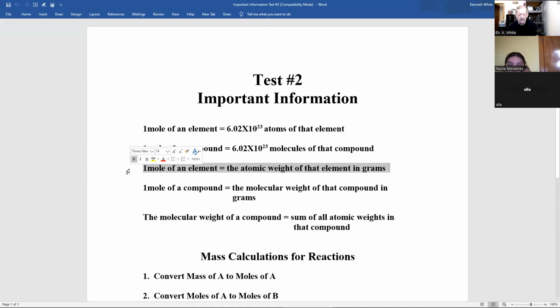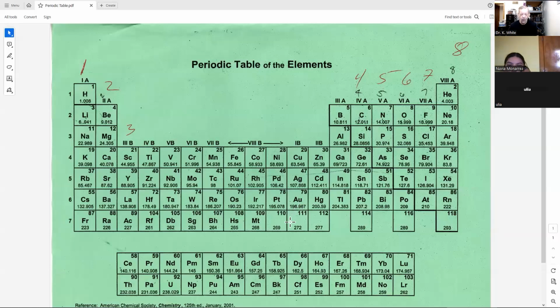We have A equals B. You have 2 ratios, A over B and B over A. So if I know I have 1 mole of gold, I have to find the atomic weight of gold. How do I do that? I go to my friendly neighborhood periodic table, Au, 196.967. But remember, you're supposed to use all atomic weights rounded off to 3 significant figures.